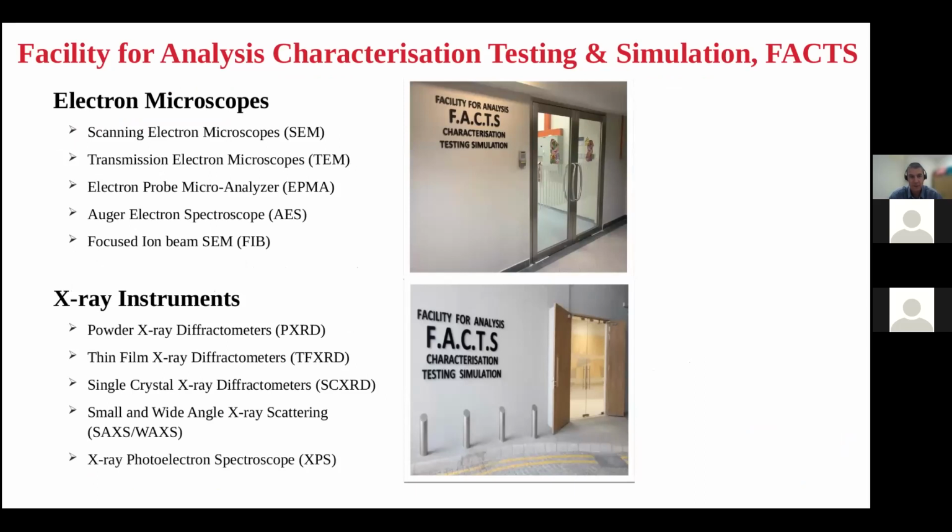In this part of FACTS, we mainly have SEMs and X-ray instruments. And in the new building, shown on the bottom image, we have the TEMs. This new part of FACTS has been built recently, and it has been open for about 3 to 4 years.